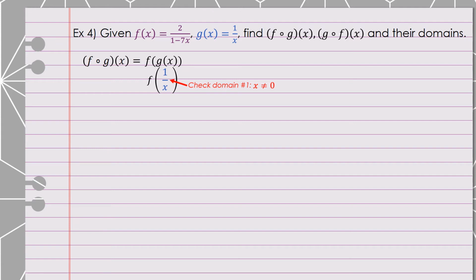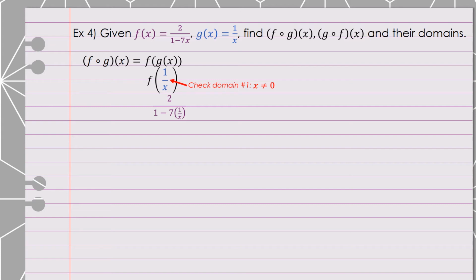So f of 1 over x means now we're going to look at the f function, which is 2 all over 1 minus 7x. But every time you see x, we now plug in the value 1 over x. And so we have this negative 7 touching this 1 over x.